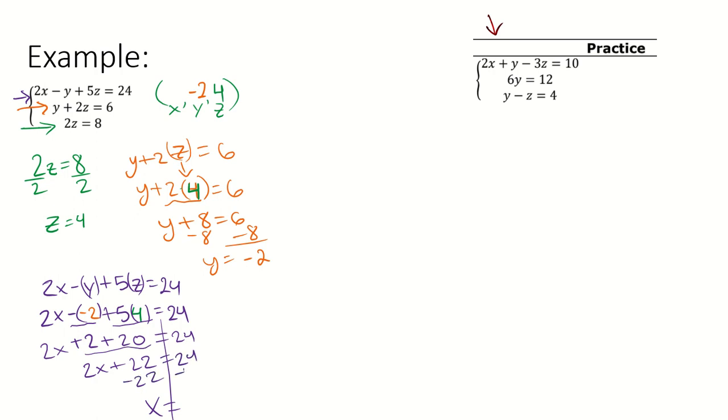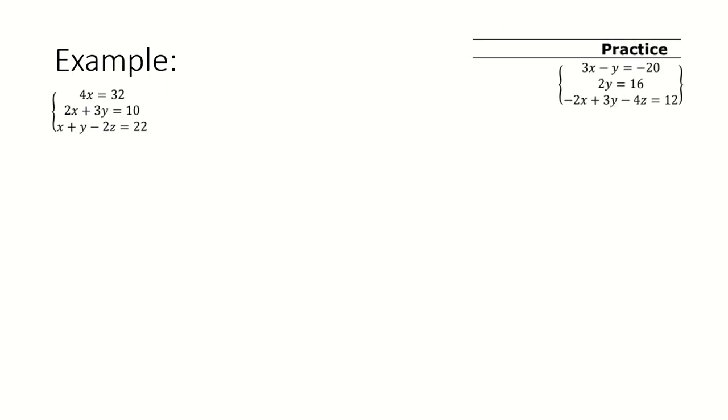Subtract 22. And now we have 2x equals 2. So to finalize, we divide both sides by 2, and x will equal 1. So that will be the solution for this first example. So make sure you pause the video and try the example on the right side.